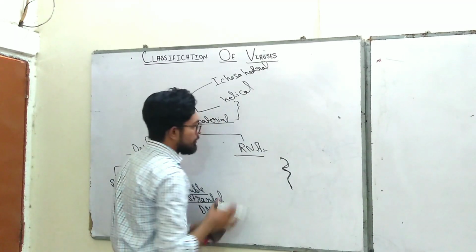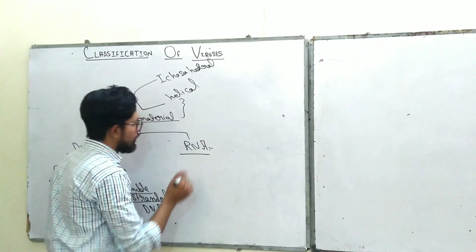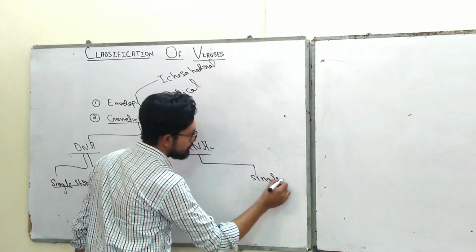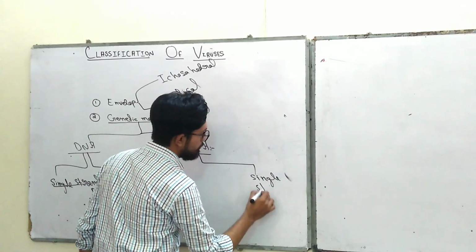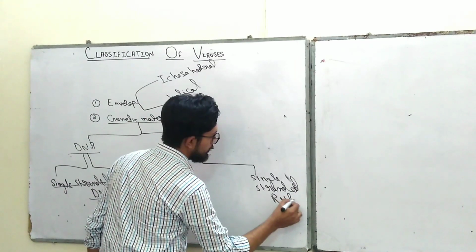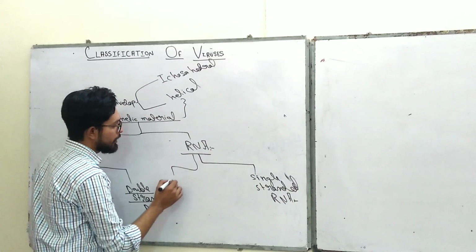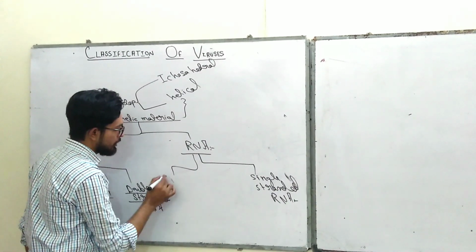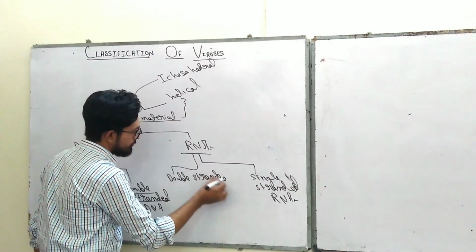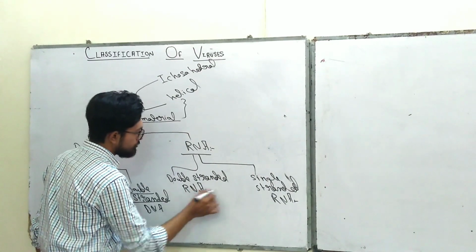Alright, and RNA, you usually see, is single stranded, but in some viruses it is also in a double-stranded structure.